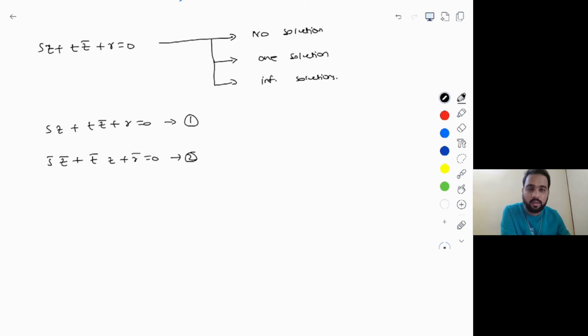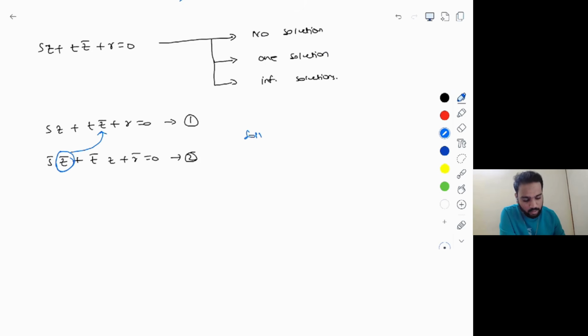Now the reason we are taking the conjugate on both sides is we are trying to separate the value of Z from here. So obviously you can solve this part, right? You will take the value of Z bar from this second equation and substitute in equation number 1 to completely separate the value of Z.